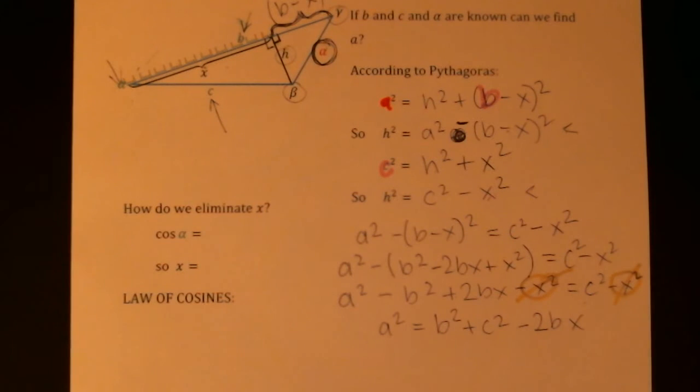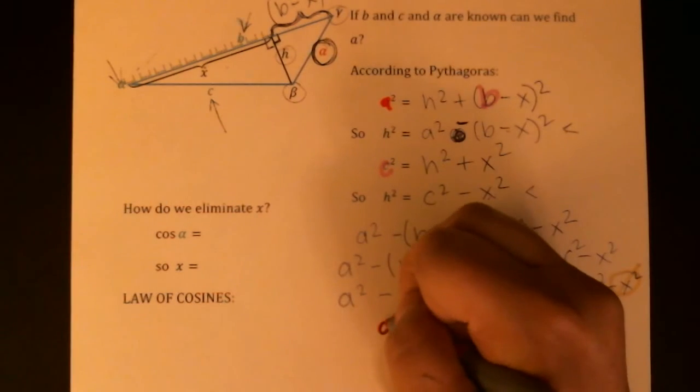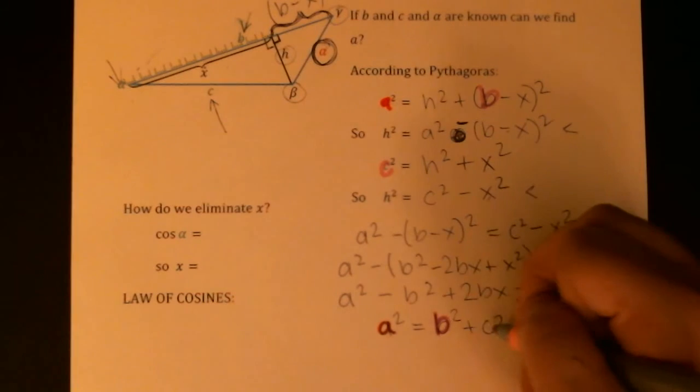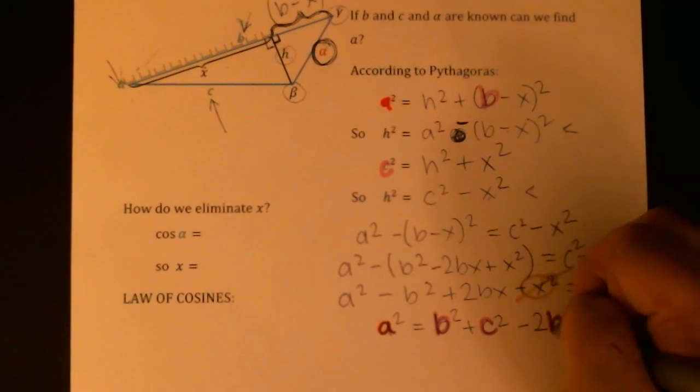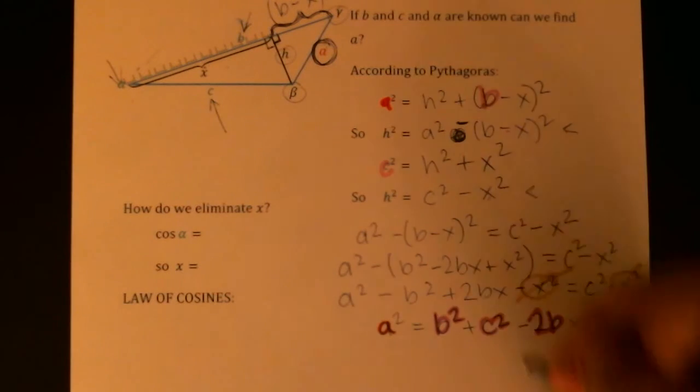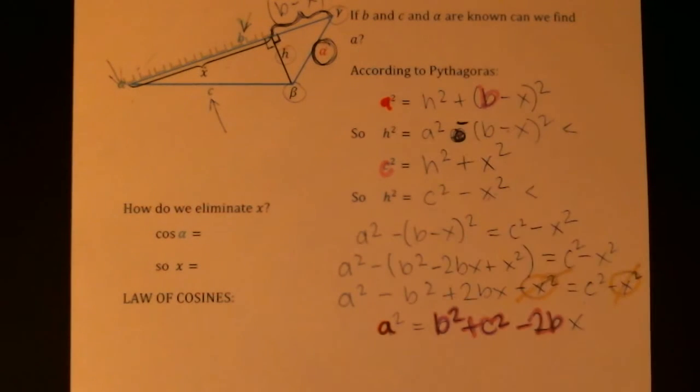So if I look at what I've got going on here, the thing that I want to know is the a, so I have that over here. I already am assuming that I know the value of b and c, so the only thing over here that I don't know is the x. That's the only thing right now that's giving me trouble.